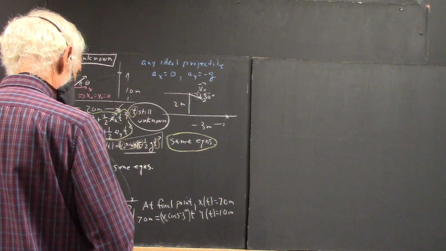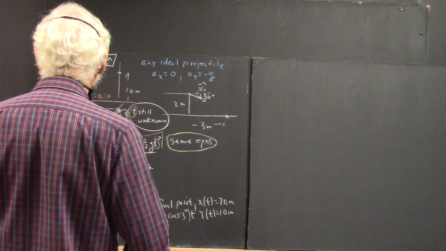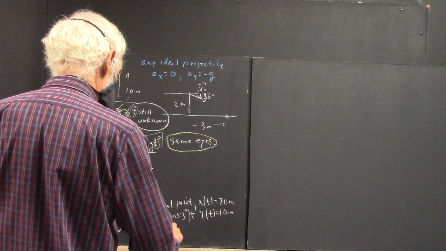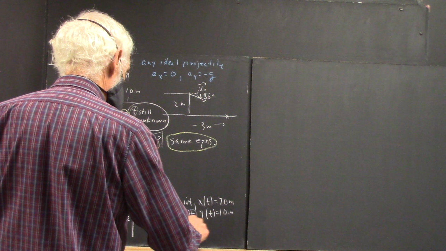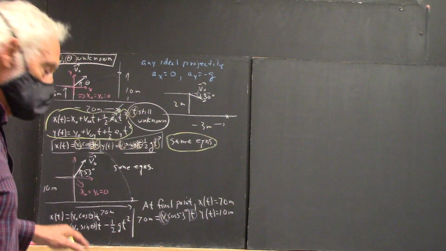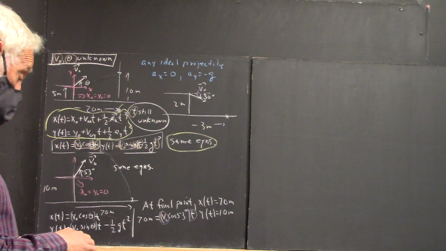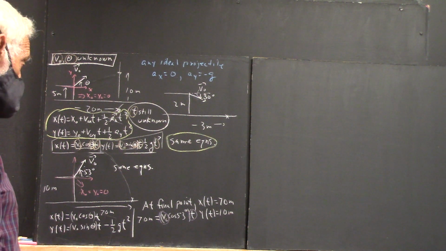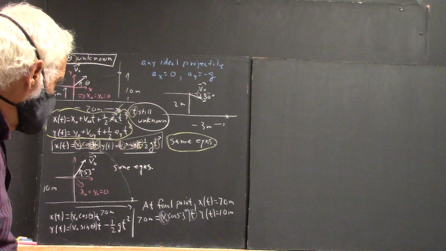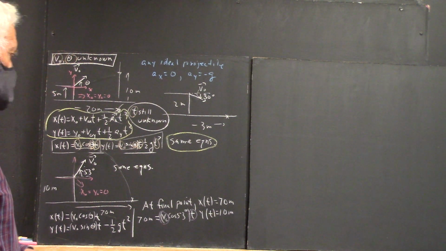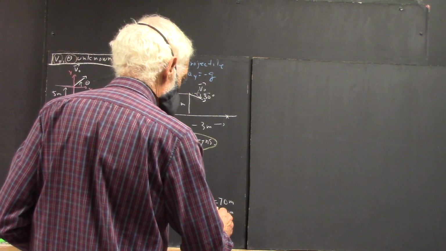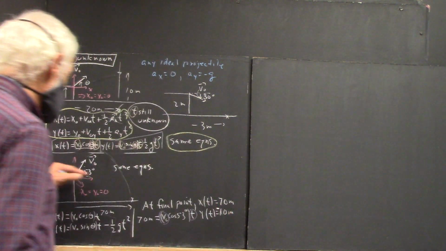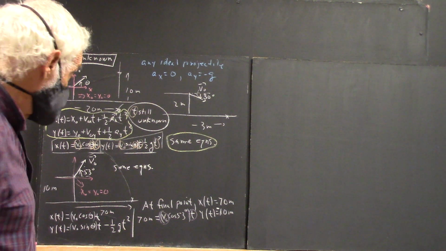So you could solve for t, and then you plug that t into the second equation. I said y of t is 10 meters, and of course it's negative 10 meters. I'm not sure I even said the negative, but clearly it's 10 meters in the negative y direction.